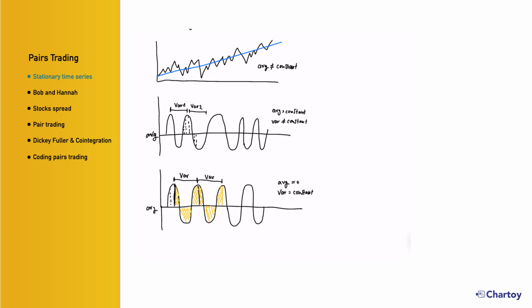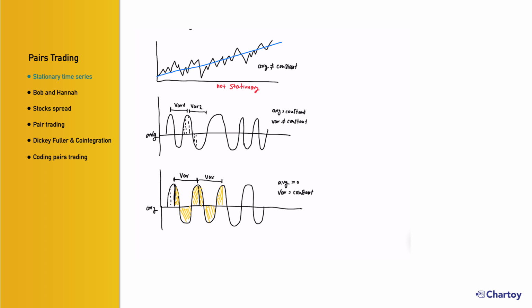So what we can say about it is that this sinus wave is stationary, because in order for a wave to be stationary, we need to have the average constant and the variance constant. So the first one is not stationary, because the average is not constant. We have a trend.